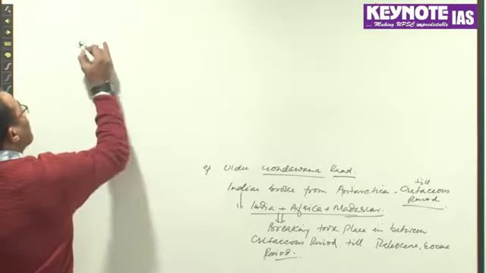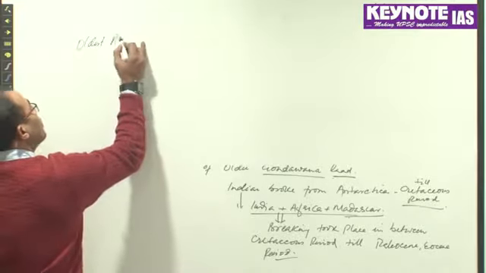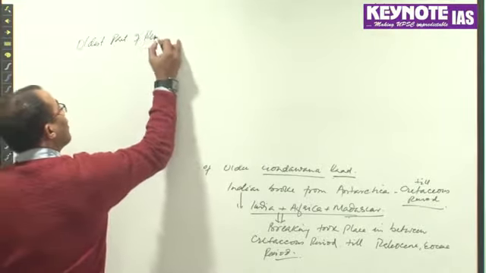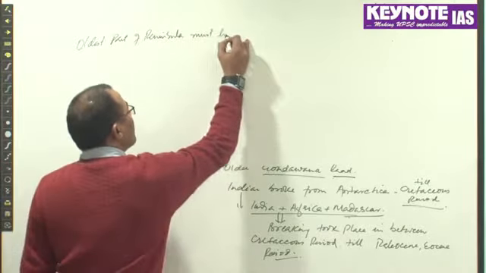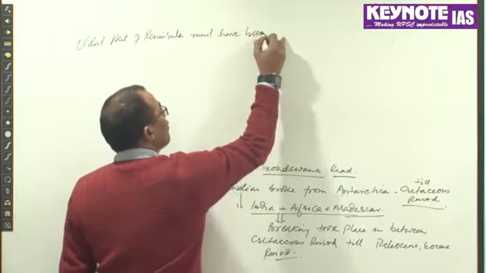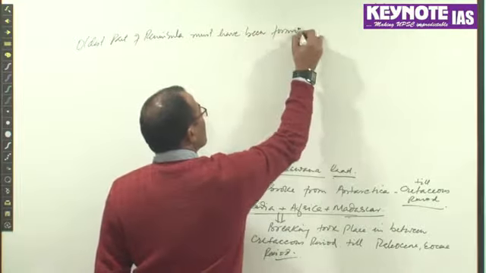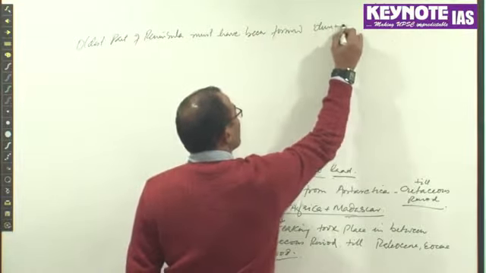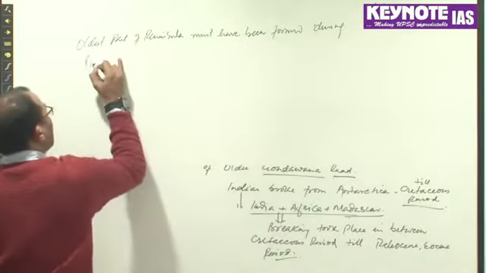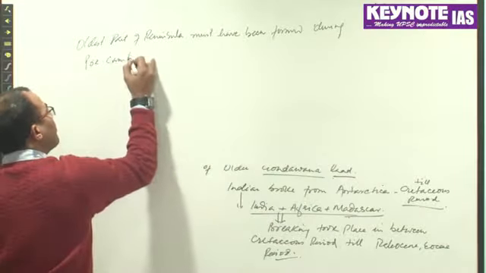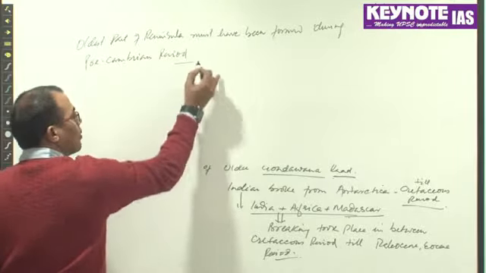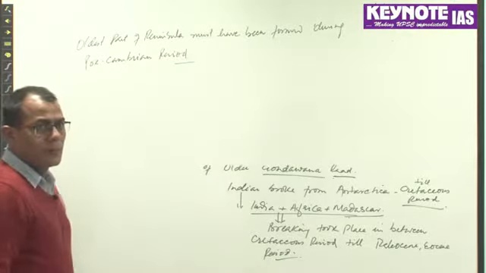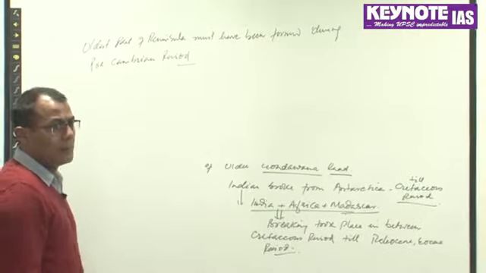That means the oldest part of peninsula must have been formed during Precambrian period. Right?